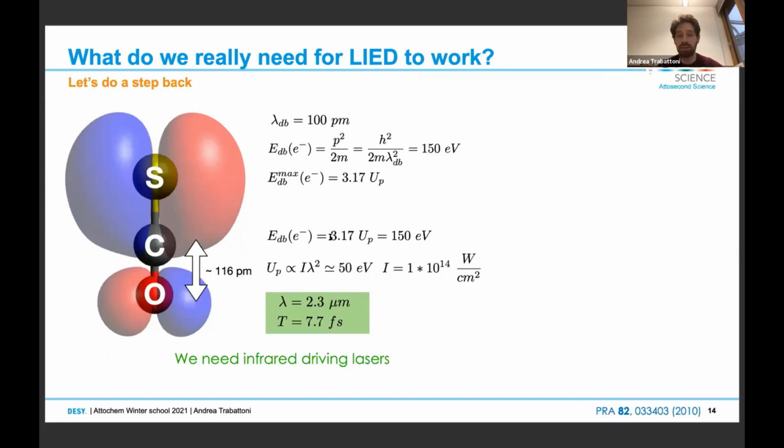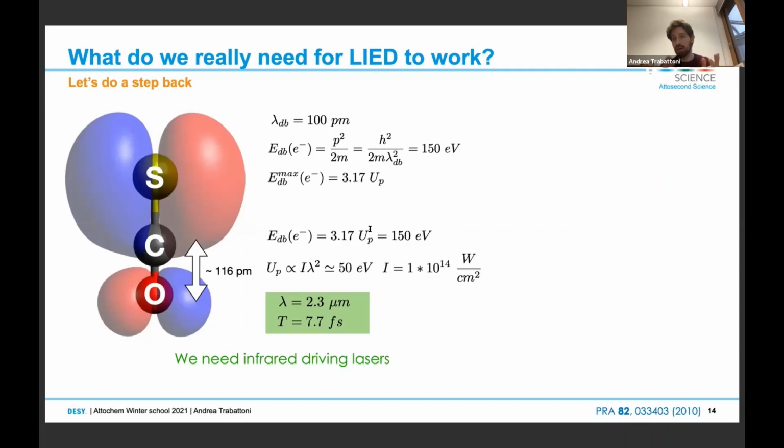Through this relation, the ponderomotive energy needs to be 50 eV, and it is proportional to the intensity and the square of the wavelength. What they were doing with xenon was basically increasing the intensity until a value of Up that was giving the proper energy of the photoelectrons that allowed them to observe the shape of the atom.